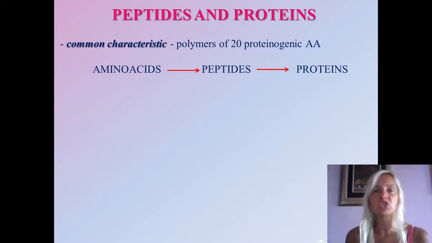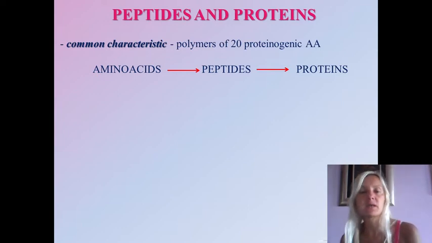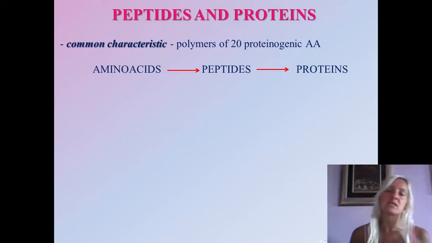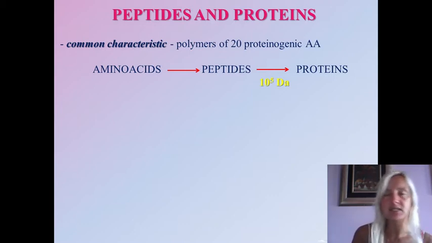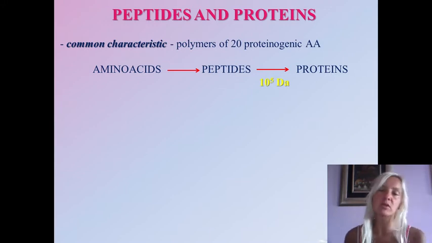Now the question is, where is the limit? What is the point after which peptides become proteins? The point is set at 10 to the 5 daltons of molecular weight. Molecules with smaller molecular mass are defined as peptides, and larger molecules are defined as proteins.